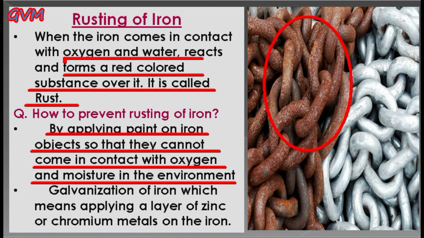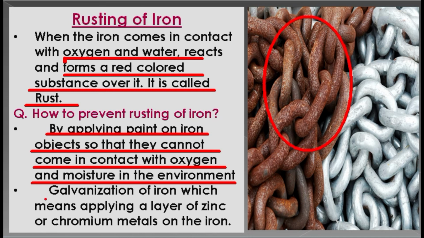Paint acts as a barrier between iron and the oxygen and moisture in the environment, and that's how paint can prevent iron from getting rusted.